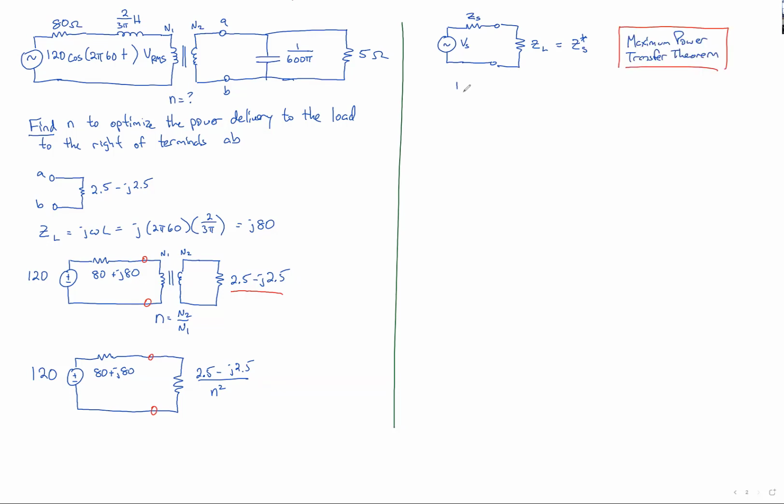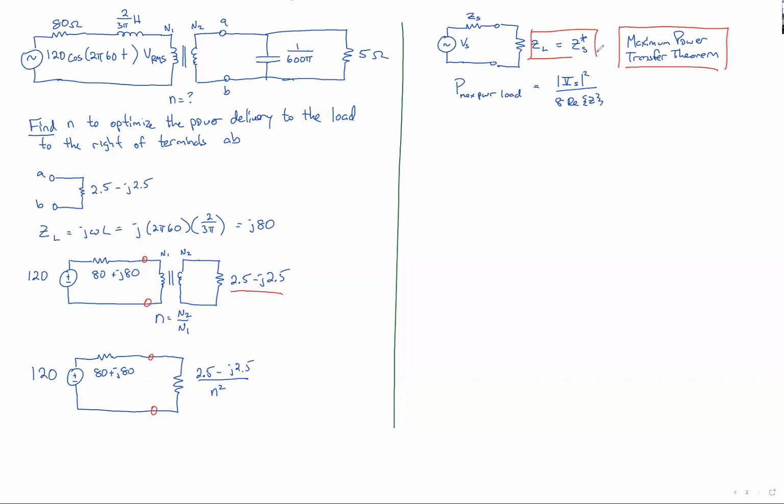There is more to this theorem. It also says that the maximum power delivered to the load, if you obey this rule that the load is set to the complex conjugate of the source impedance, is going to be equal to the magnitude of the source voltage squared divided by 8 times the real part of Z. And although that's true, we don't need to use that.